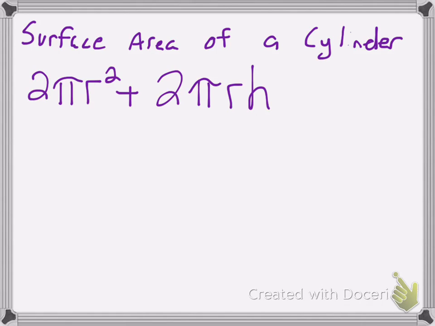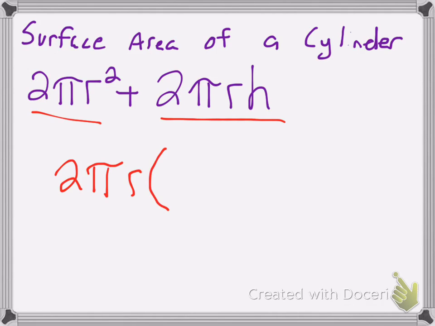Now, I want to make it even easier. I want to factor what these guys have in common. And here's what you end up with. They both have 2 pi and a radius. One has radius squared, one has radius. Let's do this. 2 pi r times. I took care of that, took care of that.